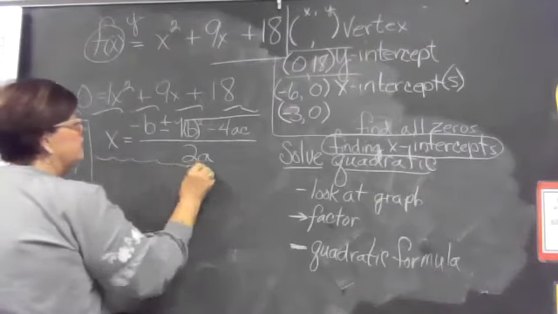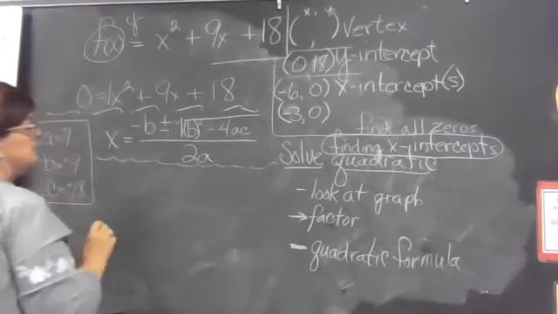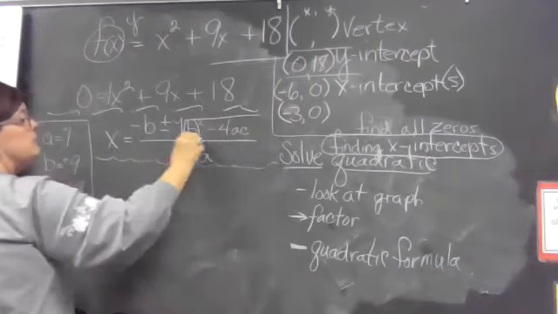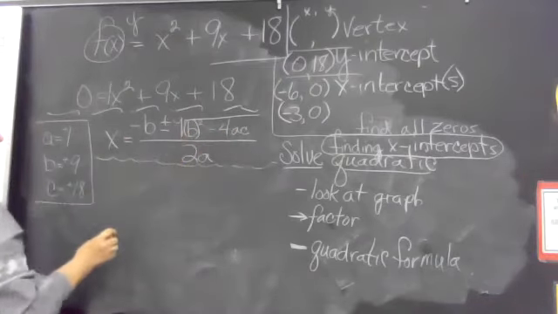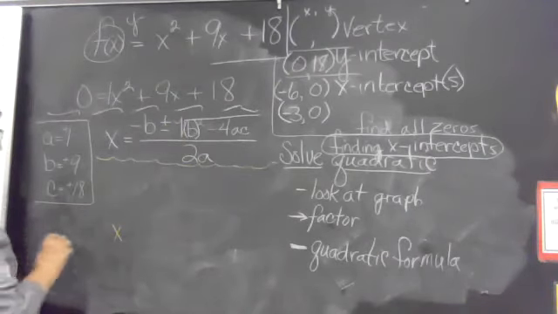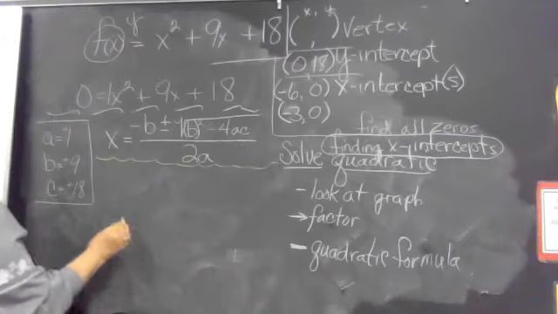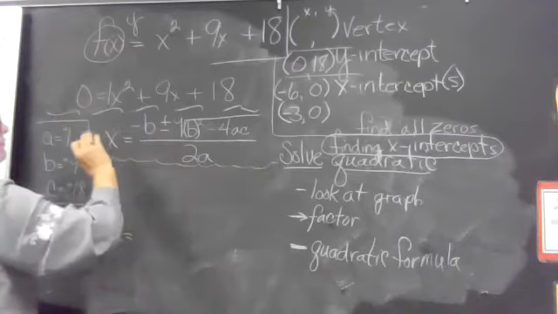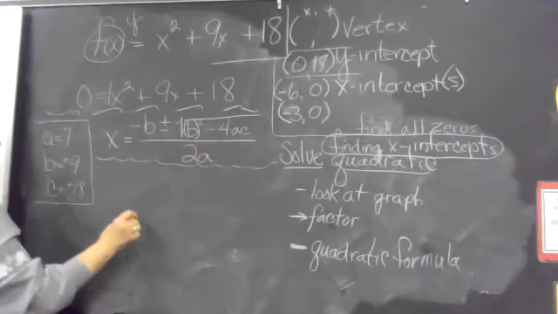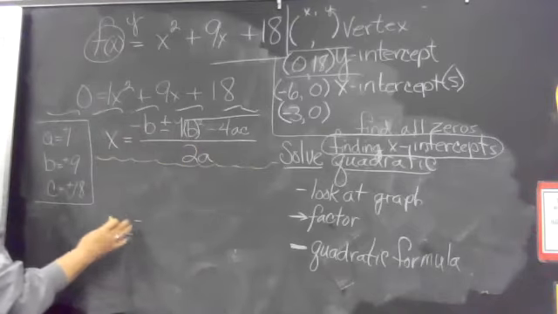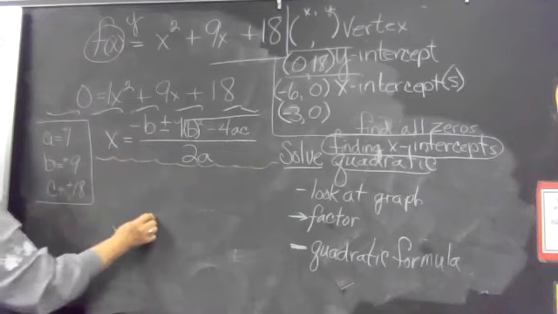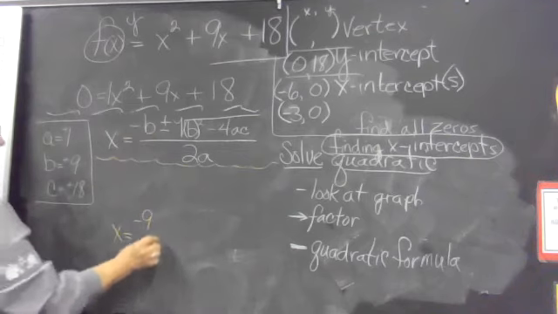Okay. So this is the formula we're going to use. I like to start low and take care of all of this first. So here's my step. Okay. X equals, now I'm just copying and filling in the letters. So I see a negative in the problem. I have to put a negative before I start the problem. And then I go find out what B is, which is 9.